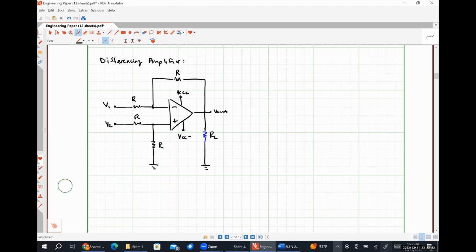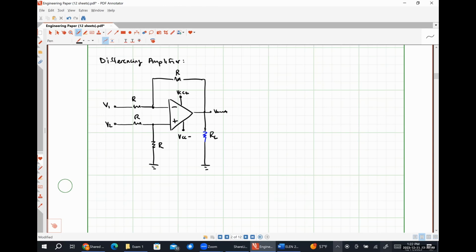So there are a couple of different ways that we can think about this circuit, okay? For example, if V2 were 0 volts, meaning that this input node was shorted to ground, what kind of circuit would this be? Go back in your notes from 10 minutes ago. All of them are negative feedback.